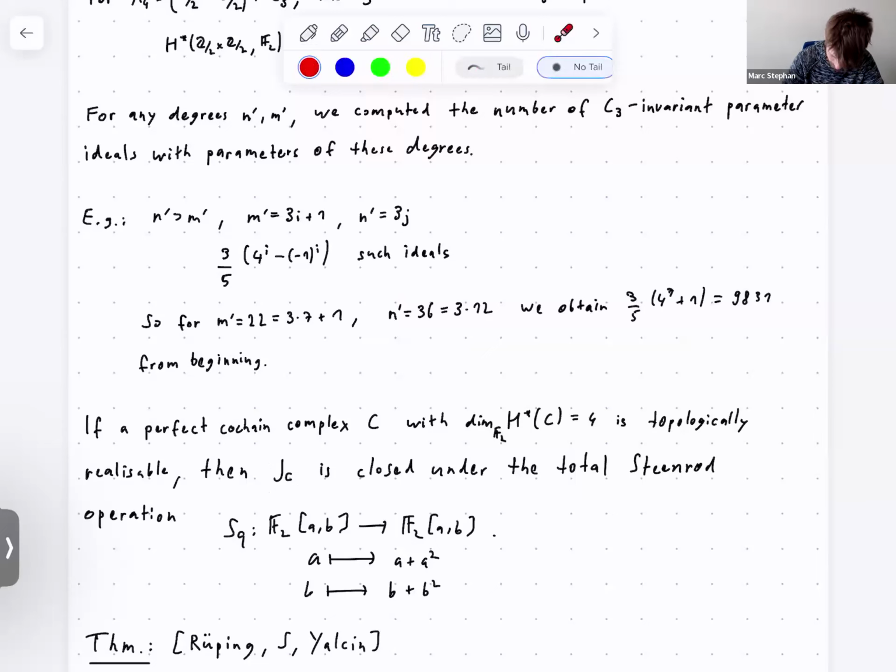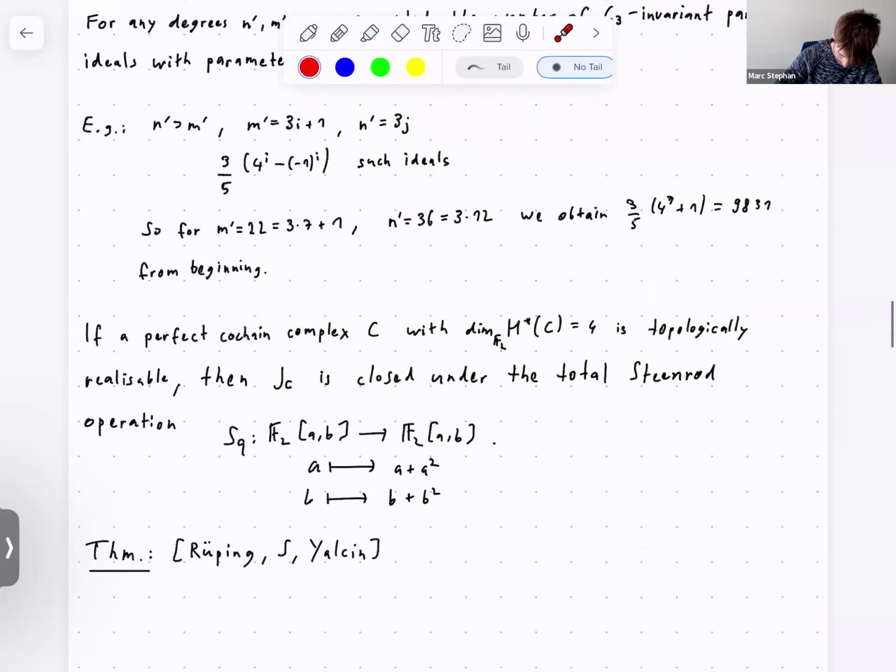Namely, it has to be closed under Steenrod operations. And in particular, if you take all these Steenrod operations together, you get a ring homomorphism, which is the total Steenrod operation. And in the case of the group ring for C2 cross C2, it sends A to A plus A squared, and it sends B to B plus B squared. So you have more restrictions if your perfect complex has to come from a space.